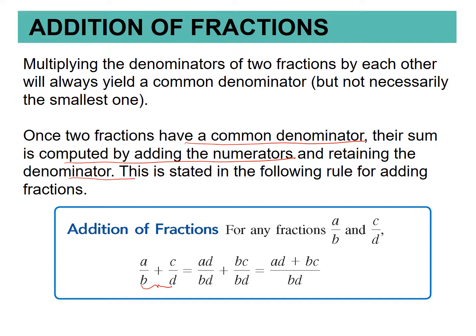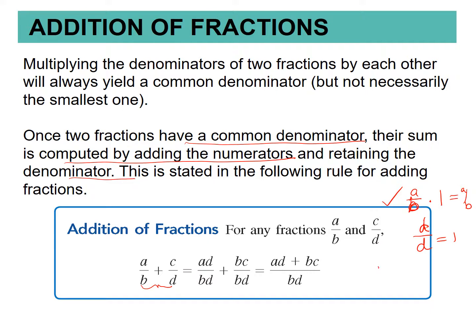But we first have to agree on the fact that if I take a fraction A over B and multiply it by 1, am I changing its value? Does that still equal A over B? Yeah. Okay. Well, what is D over D equal to? It's equal to 1.